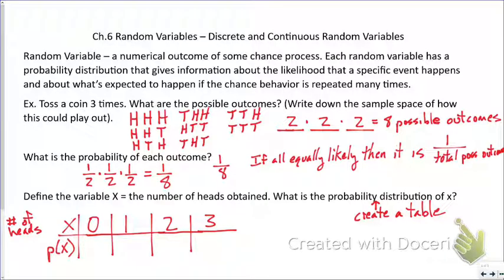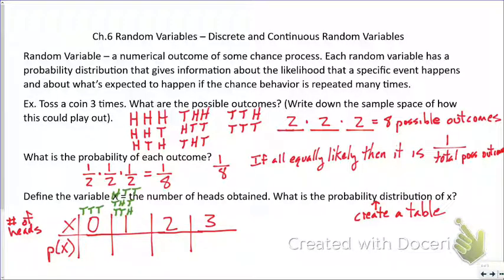If you're still confused, attach the scenarios to it. So this is tails, tails, tails. This is tails, tails, H, tails, H, tails, and H, tails, tails.